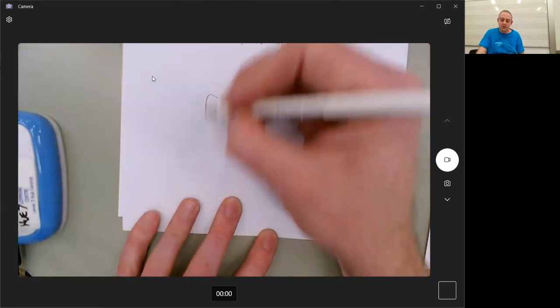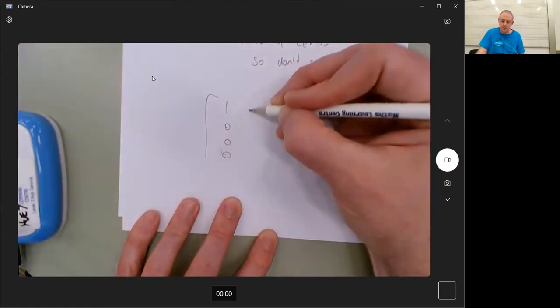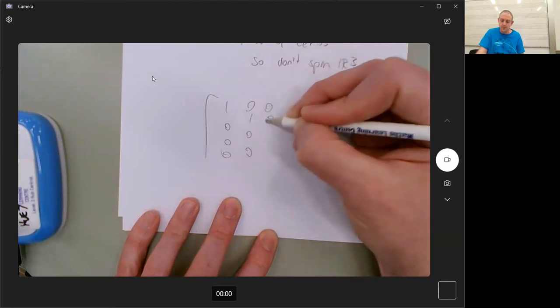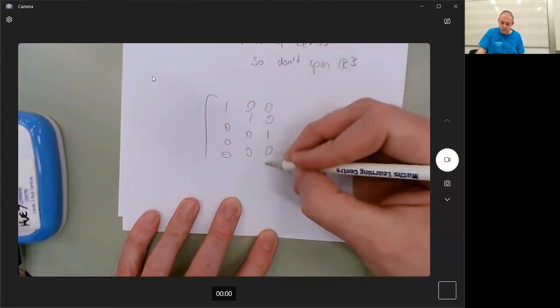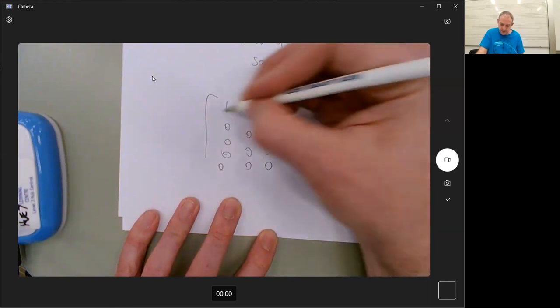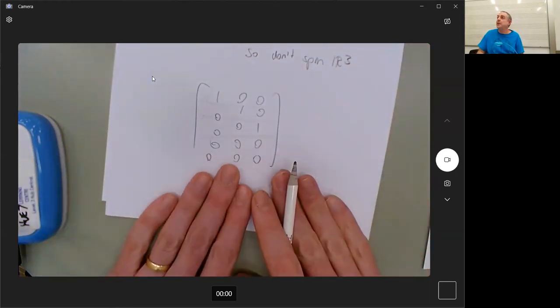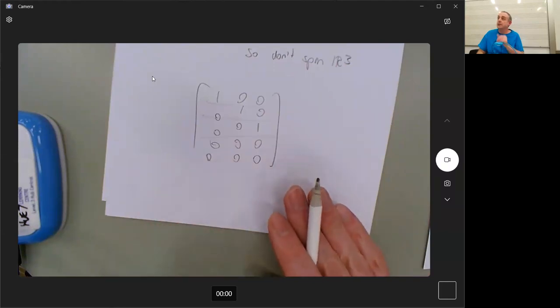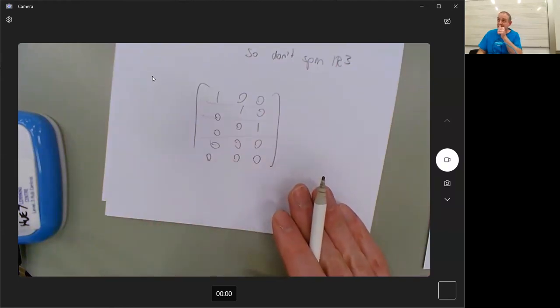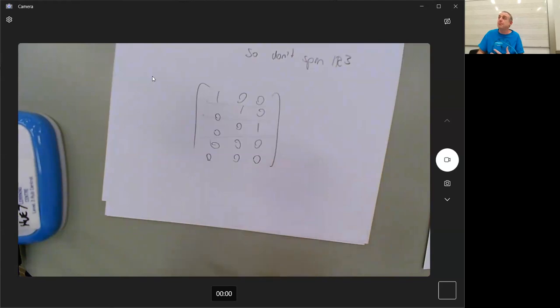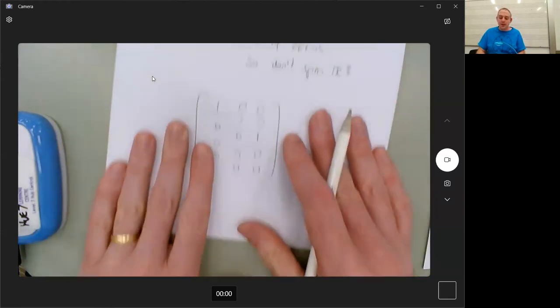So this, for example, yep, those are still linearly dependent. No, you just look to see where the pivots are. But yeah, you're right though.